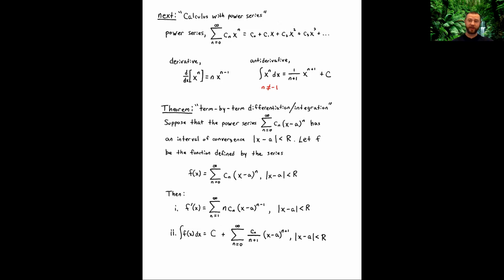Now we integrate x minus a to the nth power and apply the power rule for antiderivatives. That's where the n plus 1 in the denominator comes from. And like the first result, the antiderivative of f of x and its power series representation has the same radius of convergence, capital R.